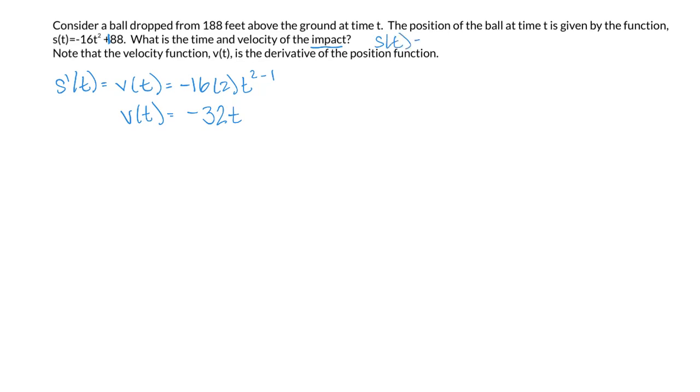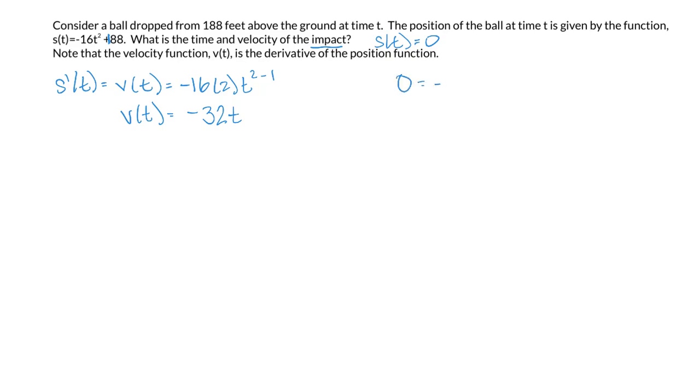S of t equals 0, okay? Because we're dropping it from 188 feet. So we're dropping it high into the air. So the S of t is equal to how many feet from the ground we're at a specific point in time. So if we want to know when it's impacting, we want to know when the position is 0 feet from the ground. So S of t equals 0. So if we answer that question first, we'll come back to the other part.